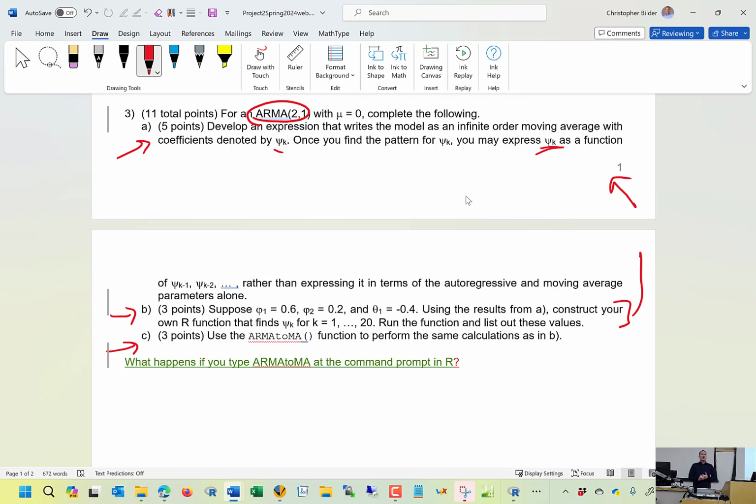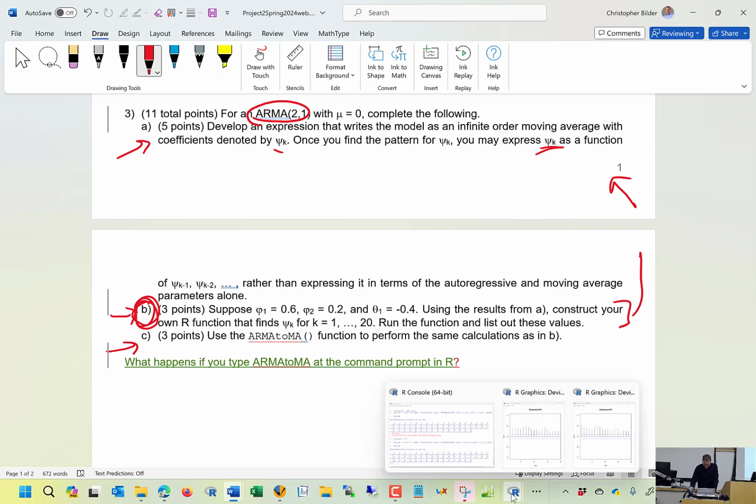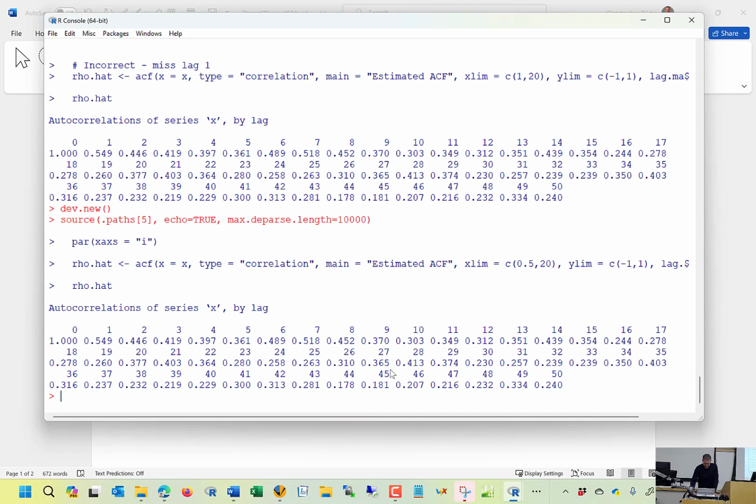Now, some of you might be thinking, oh, you want me to write a function that automatically calculates these terms. I could go and take a look at the ARMA to MA function and just copy and paste that code into my own function, and I am done. Chris, you've made this too easy. Well, how would I actually see what's inside that function?